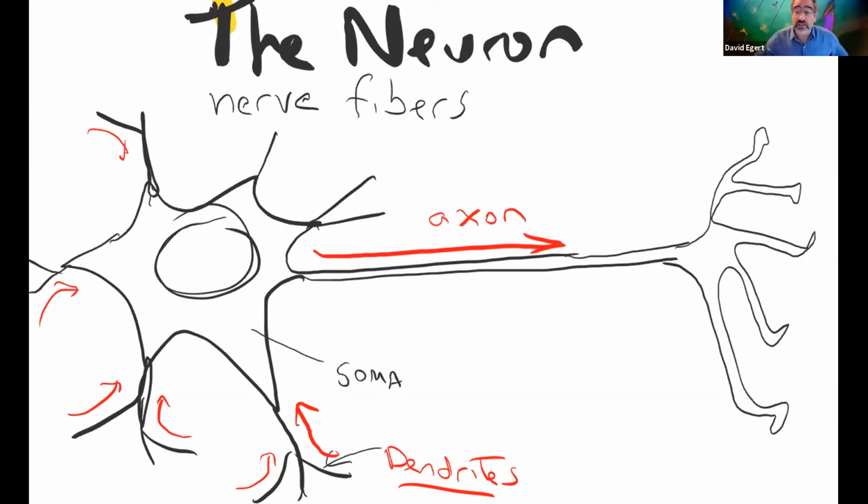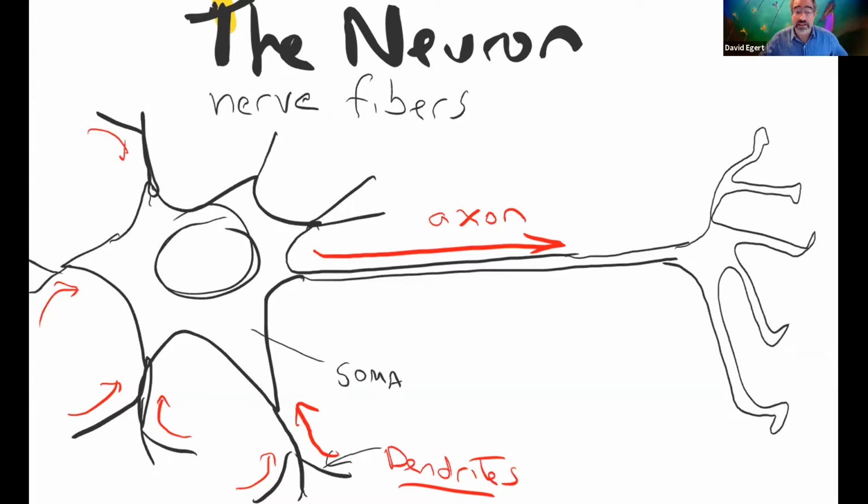The axons can be really long. Like the motor neurons that operate the muscles in your foot: the cell bodies are in your spinal cord, and yet they go all the way down to your foot. The same thing for the sensory. If someone's tickling the bottom of your foot, those messages are coming up a neuron of a single cell.